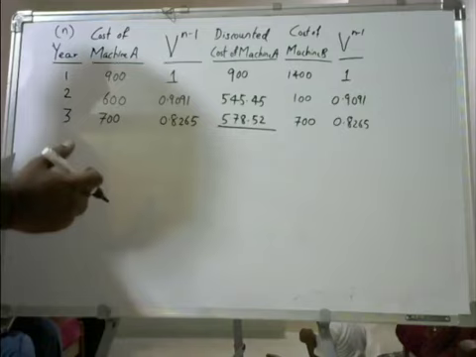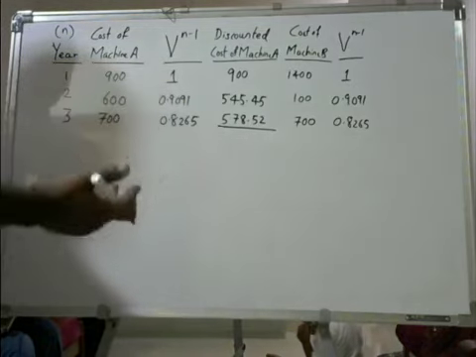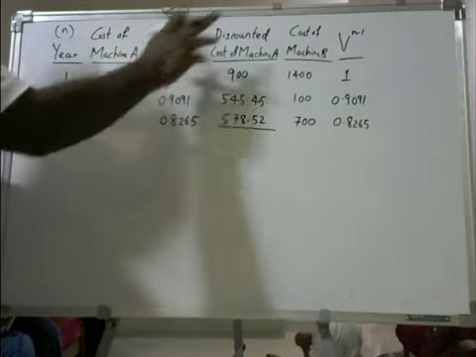This remains the same. Now the discounted cost for machine B we need to find similarly.